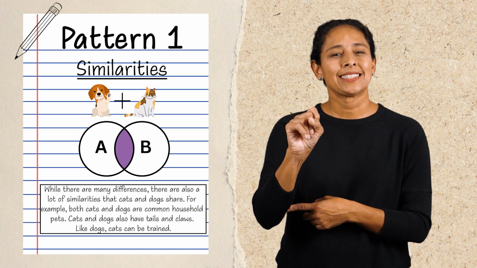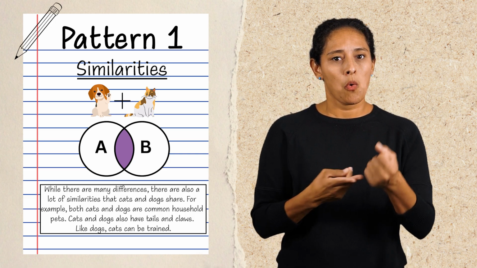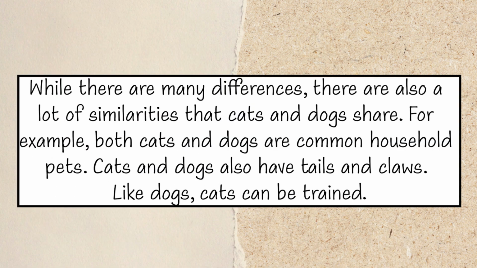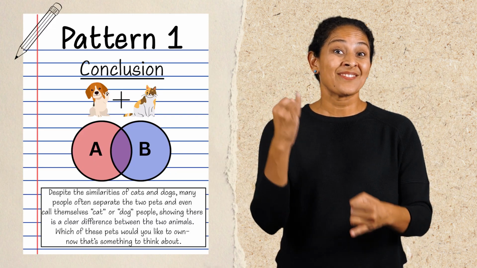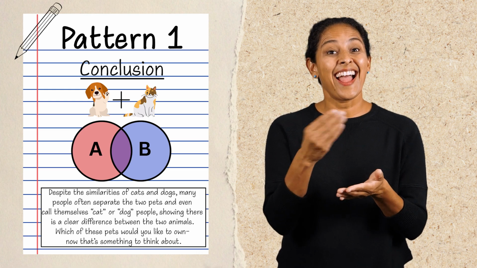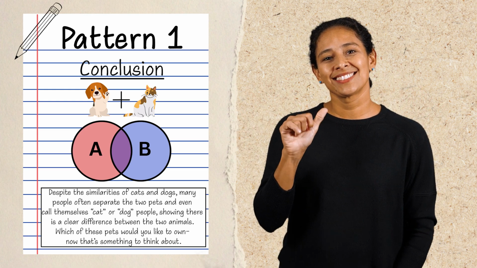Then, I list some ways both dogs and cats are similar. Finally, I mention both dogs and cats again and finish my essay outline.